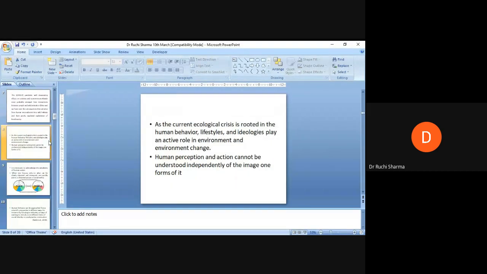As the current ecological crisis is rooted in human behavior, lifestyles and ideologies play an active role in environmental change. Human perception and action cannot be understood independently of the image one forms of it.